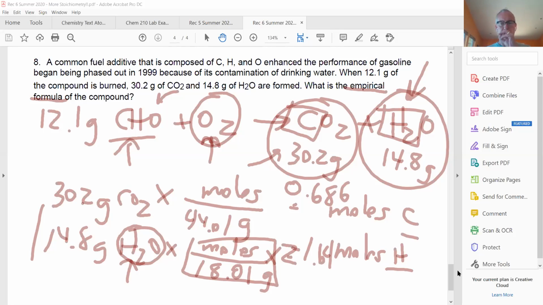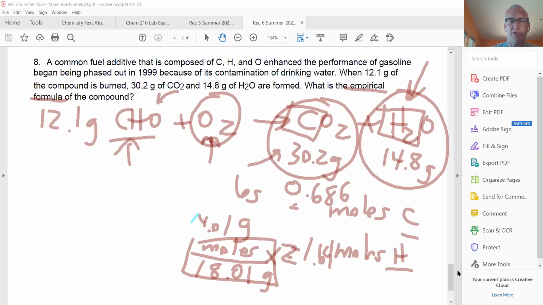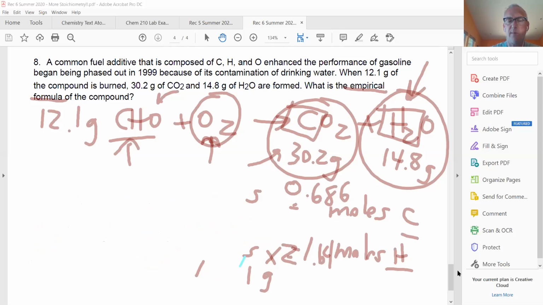Okay? Now, how am I going to figure out moles of oxygen? So I know it's only got 3 things. It's got carbon, hydrogen, and oxygen. So now I know how much carbon's in there. I know how much hydrogen's in there. How am I going to figure out how many moles of oxygen?